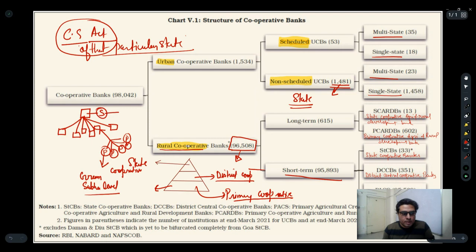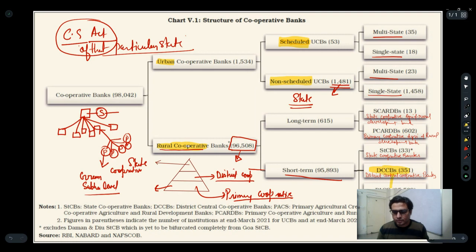So the state cooperative is basically what? An administrative entity, and they supervise the function of what? District cooperative as well as primary cooperative. Whereas the district cooperative has both kinds of functions.